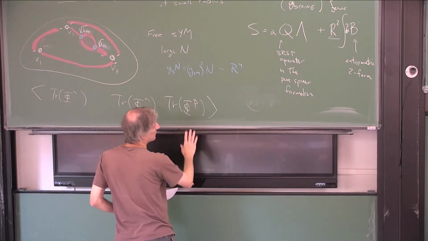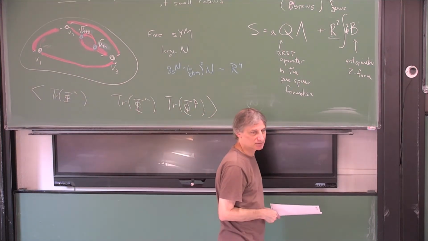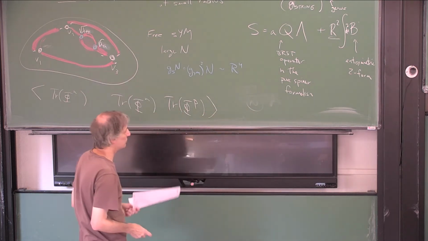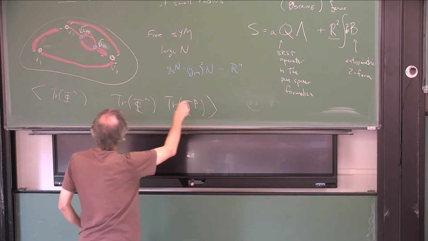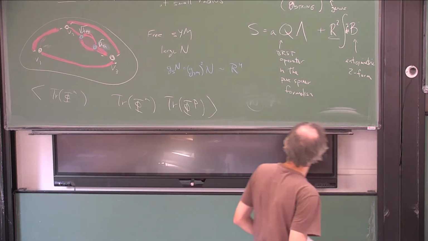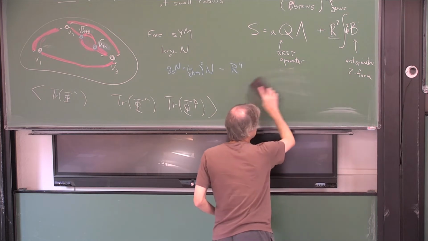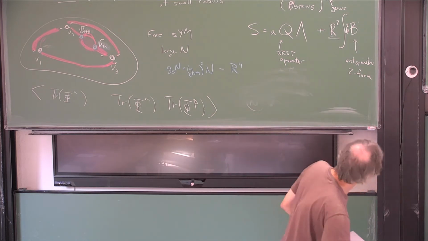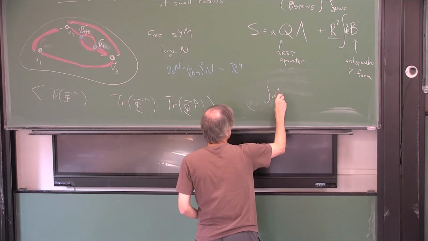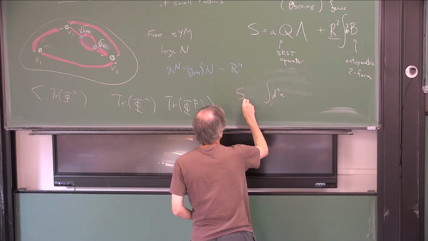I'll say one more thing that I've never seen anywhere, but it seems to be important. You want to reproduce a cubic vertex, right? So this B term is supposed to reproduce the cubic vertex here. Now, I don't know anything about how this works in the AdS3 times S3, but for super Yang Mills, of course, I know what the cubic vertex is. So this is now super Yang Mills.